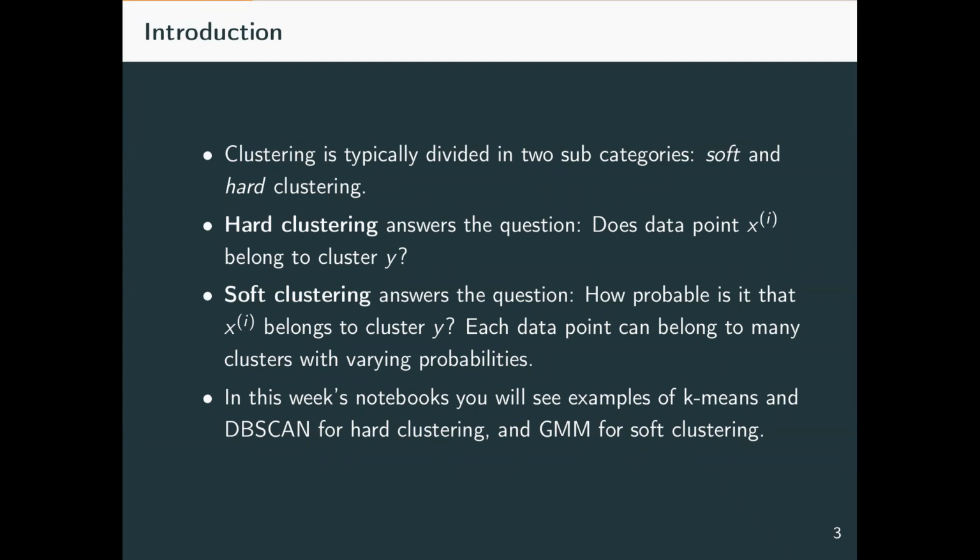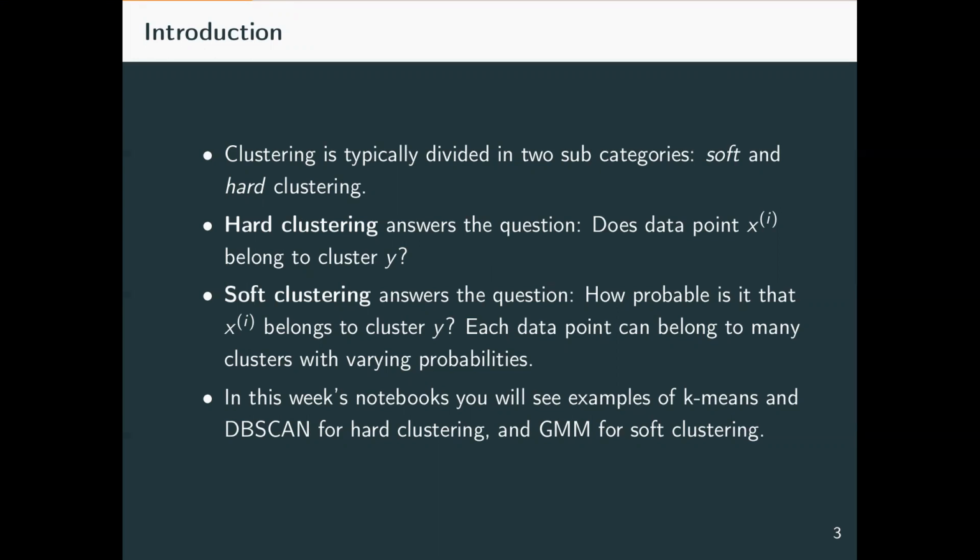We will also discuss DBSCAN, which is a density-based clustering algorithm, and it's also hard clustering. K-means is probably the most popular clustering algorithm.